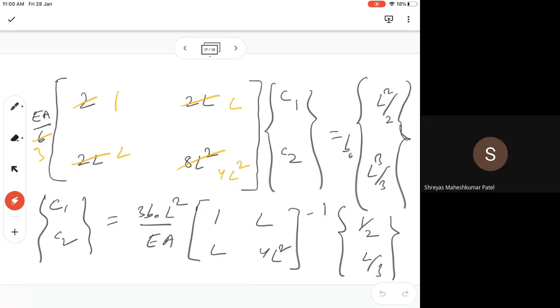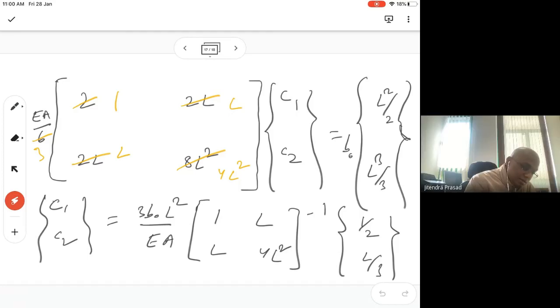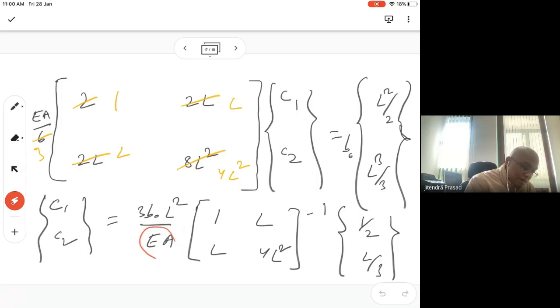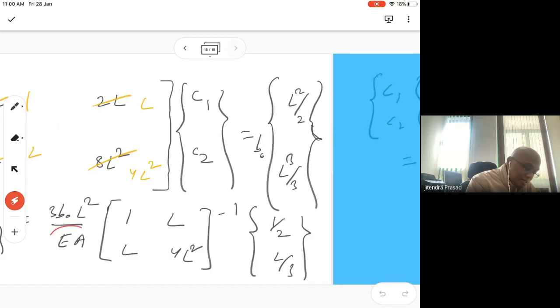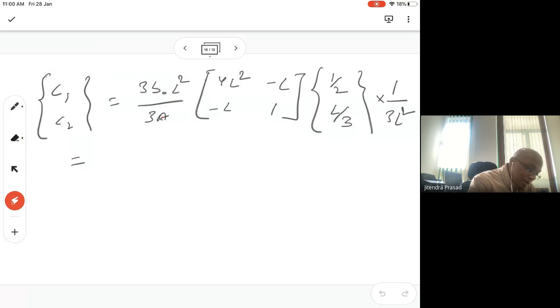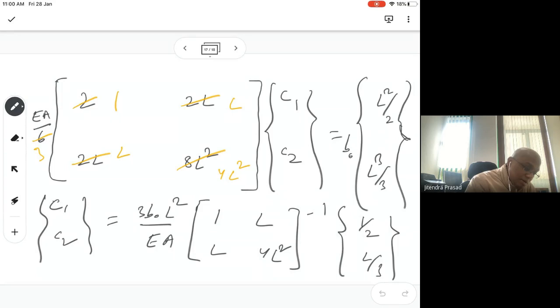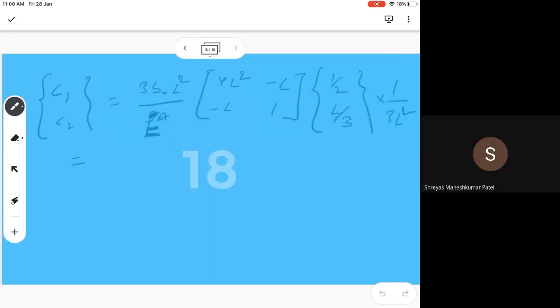Sir, EAL over 6 will be the common. EA over L. EAL over 6. Here, just a minute. So here we have EA. I wrote something else, so it should be EA. Here should be EA only. And then we had 3B naught L square, so one L is also there.